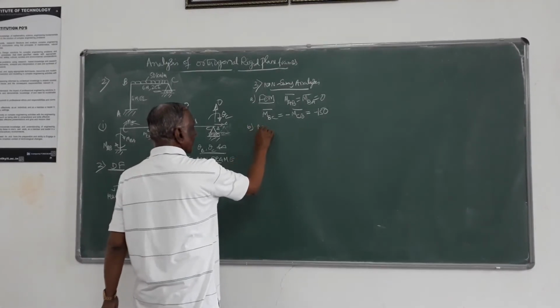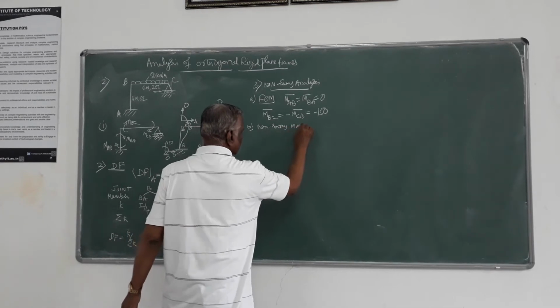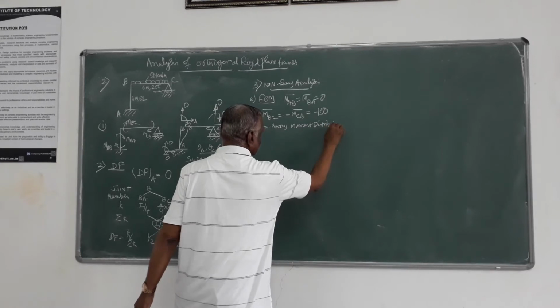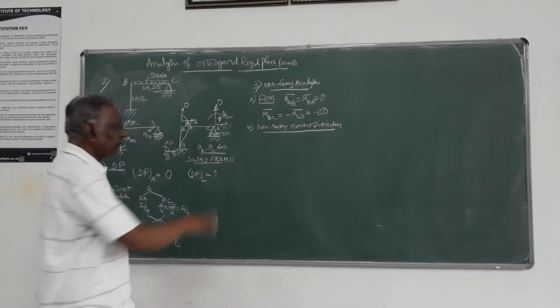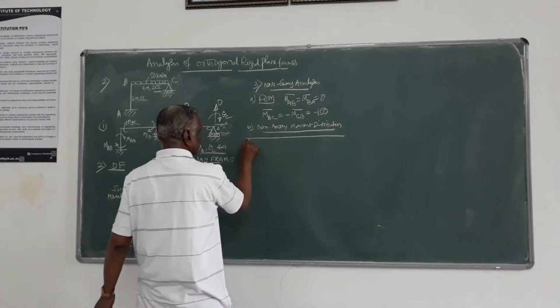Then you have to carry out non-sway moment distribution. So this is similar to the earlier problem. I am just rushing through, nothing. You prepare the table, moment distribution table, right.